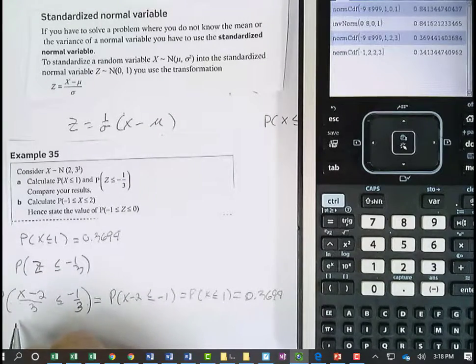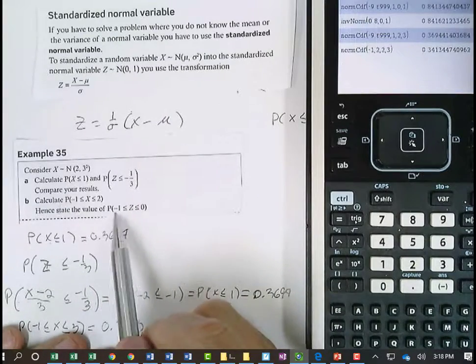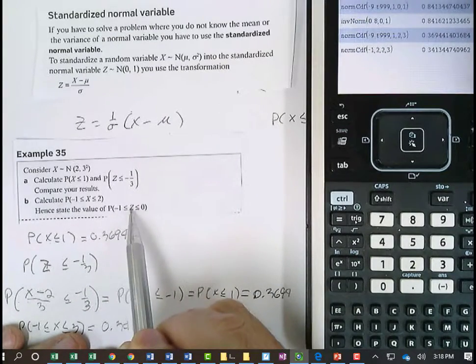So for this, I get the probability that negative 1 is less than or equal to some random variable x is less than or equal to 2. That comes out to 0.3413. But then they want us to check for the standard normal, which is z.